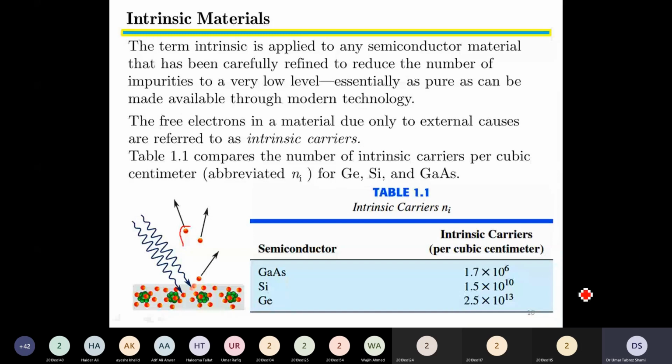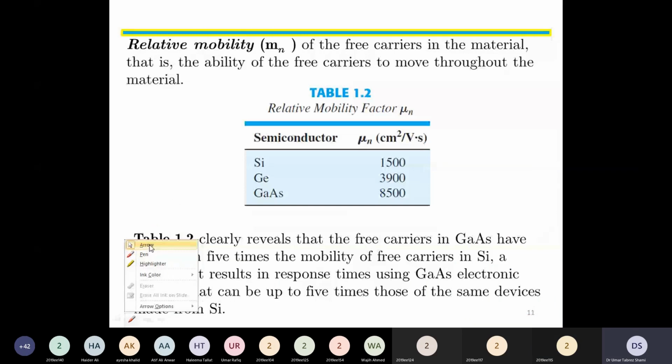Now we come to the 11th slide. Here is the relative mobility. Relative mobility of free carriers in a material is the ability of free carriers to move throughout the material. How easily a carrier, for example an electron, can move within the material, not out of the material.